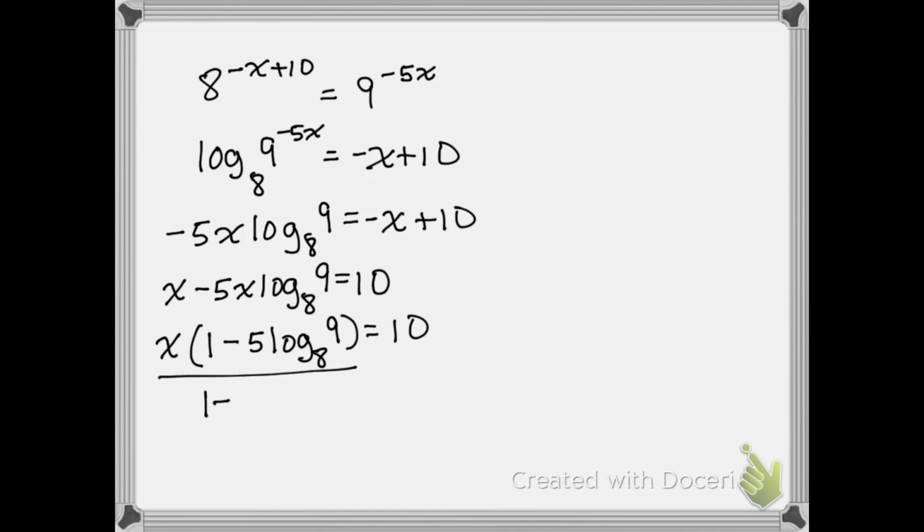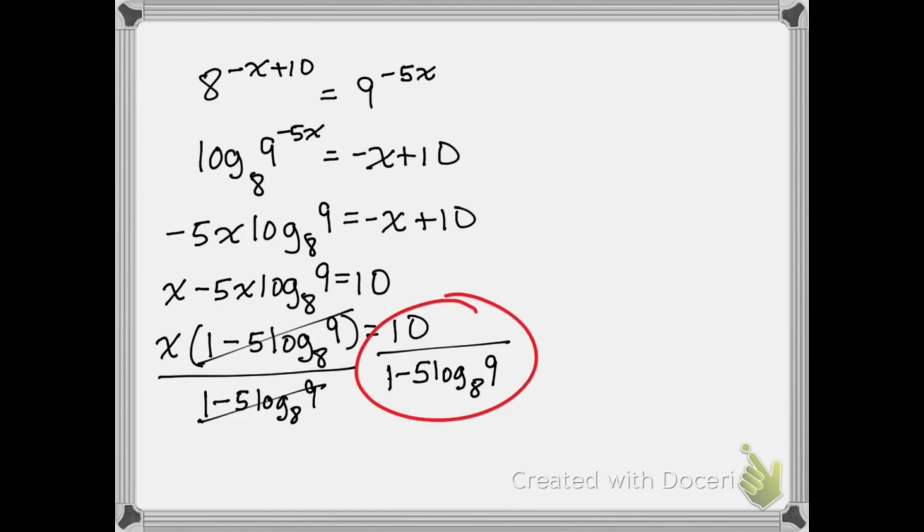Divide by this factor and divide this side by that factor. Cancels, cancels, and I get x is equal to this. Again, it may be a calculator entry if you're asked for a decimal approximation, or it may be that you're going to enter it exactly. For my part, I'm more interested in the exact response.